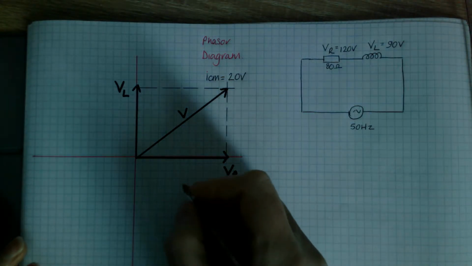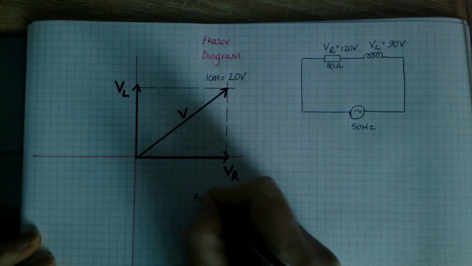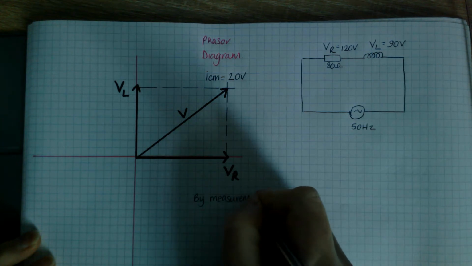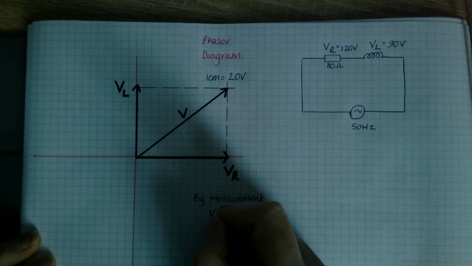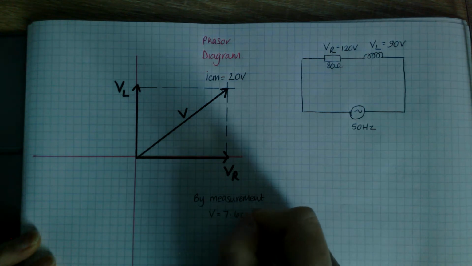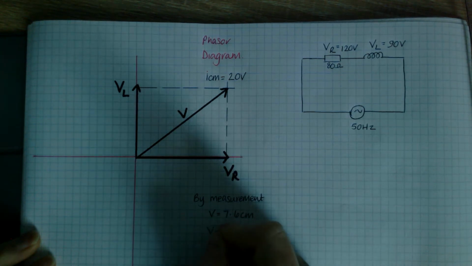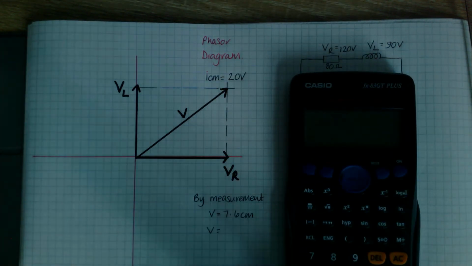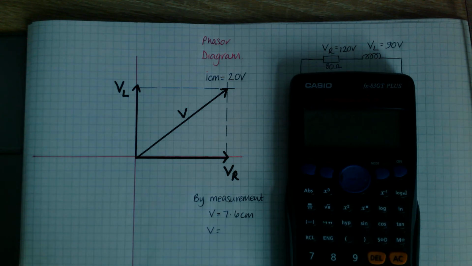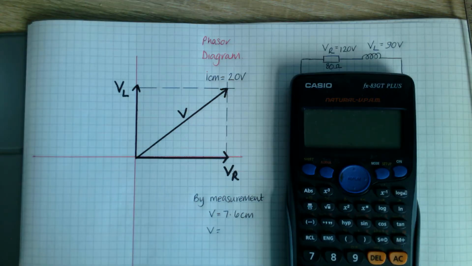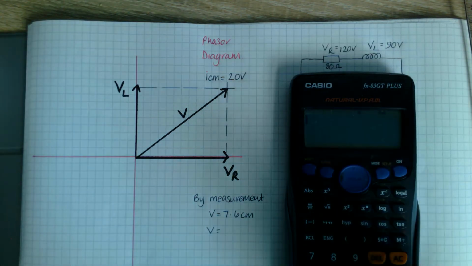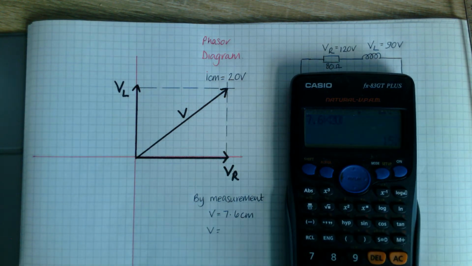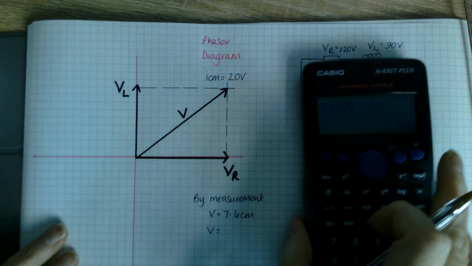So by measurement, my voltage is 7.6 centimetres, and using my scale, as 1 centimetre equals 20 volts, 7.6 centimetres times 20 is 152.